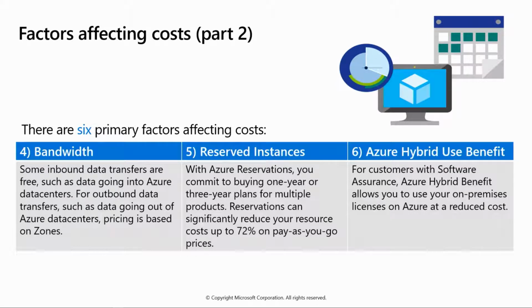Some of the ways that you can save money, first is with your reserved instances. With Azure reservations, we'll take a look at this when we go to the pricing calculator, but essentially you can commit to prepay for a 1-year or a 3-year plan for your products. And essentially this can have a massive savings. I've seen it up to like 70-something%. Instead of doing pay as you go, you say, I'm going to need this virtual machine for at least the next 3 years.